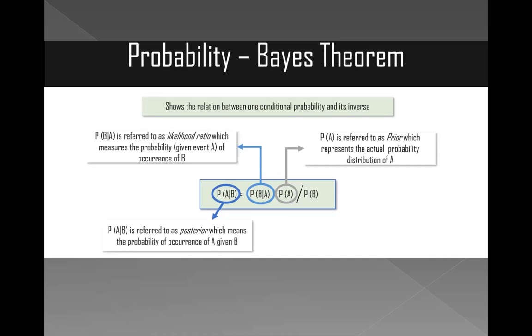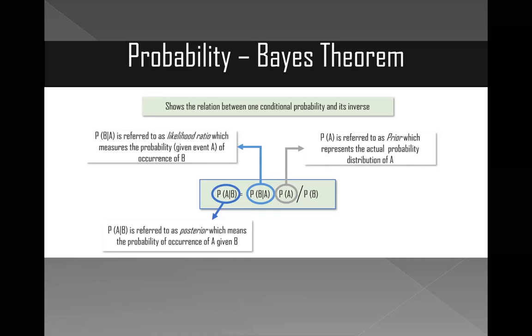I hope you know this, right? So the probability of A given B can be defined in terms of the probability of B given A, which is the likelihood function ratio. We have to maximize this ratio. The probability of A is a prior probability, which is already known. It has already happened.